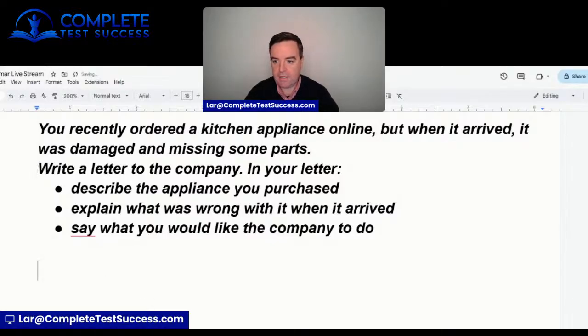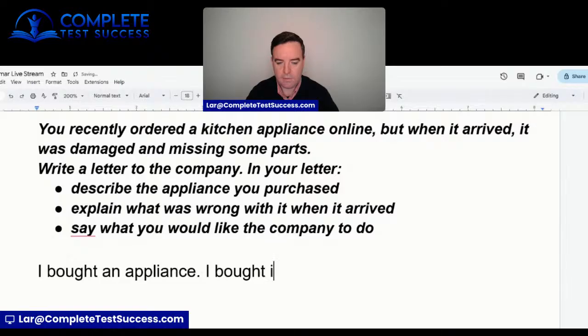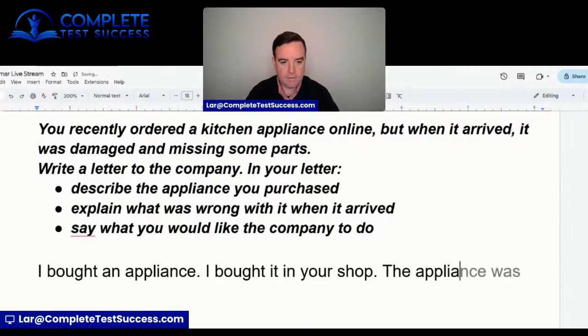Let's say I'm responding to the first prompt: Describe the appliance you purchased. Let's say something like this. I bought an appliance. I bought it in your shop. The appliance is a kettle.